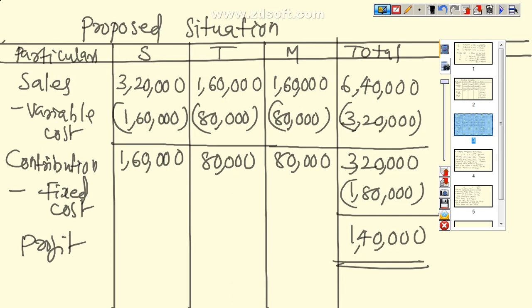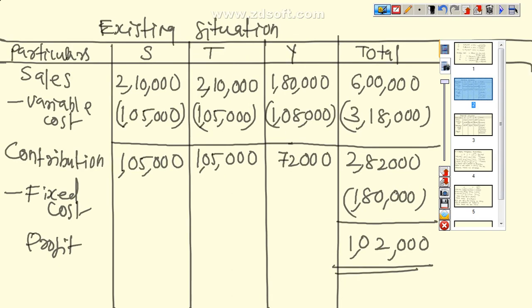We have to write a statement that from the above analysis, it shows that the profit of the proposed situation is more as compared to the existing situation. So this proposal is to be accepted because the profit of the proposed situation is more as compared to the existing situation. Thanks for watching.